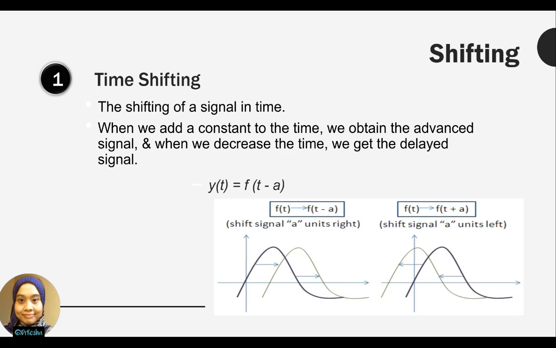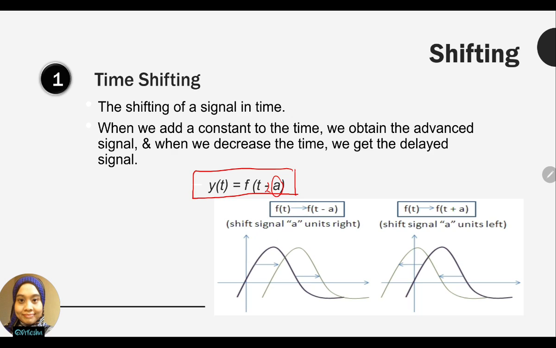Next is shifting. Shifting also we can do based on time as well as amplitude. If we shift based on time, we use this common equation over here, and t must be minus or plus a constant.